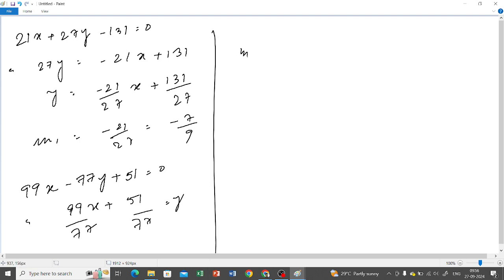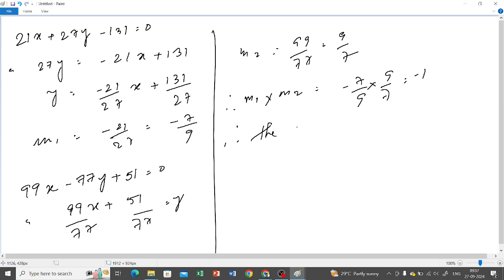So what is the slope of this one? It is 99 by 77. So 11 nines and 11 sevens. So it's very clear that if we multiply these two slopes, then we are going to get minus 1. Therefore, the two bisectors are perpendicular to each other.